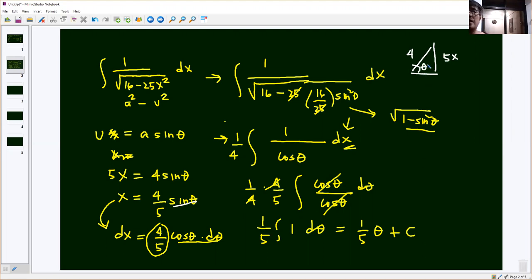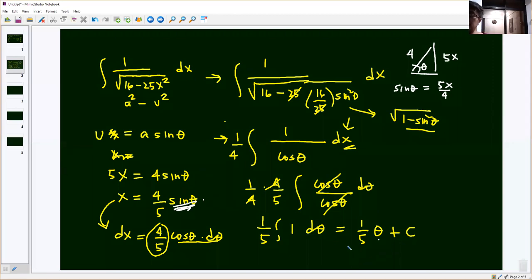At tingnan kung consistent. Tama ba? Tama lang, sir. Sine theta is 5x over 4. You can see here, sine theta, if you solve, 5x over 4. So, theta must be arc sine.